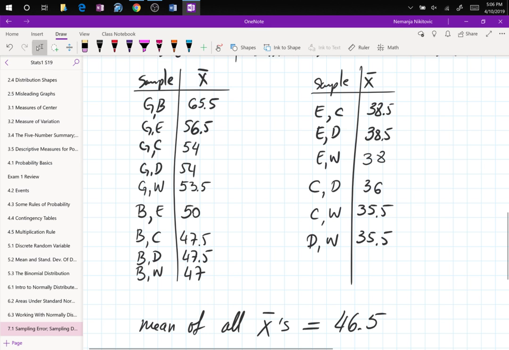Now, what we have done in this chart is we created all possible samples, and we found the mean for each one of those samples. I realized that the vast majority of these samples are terrible, because pretty much anytime I pick, I'm off by a lot from the population mean.